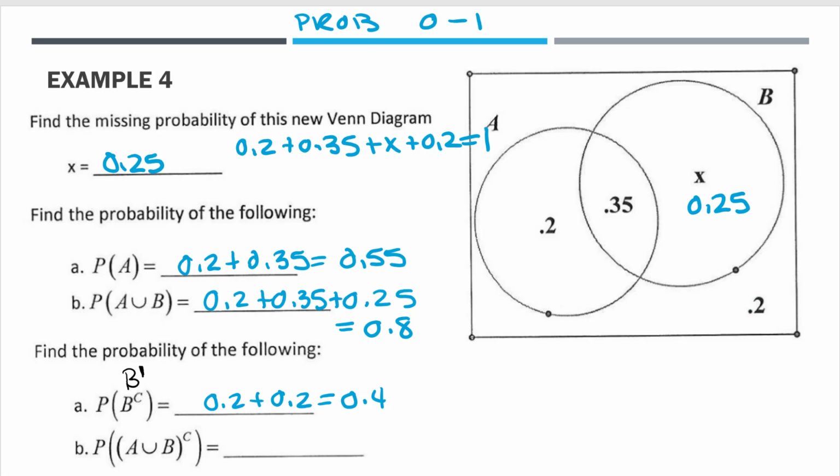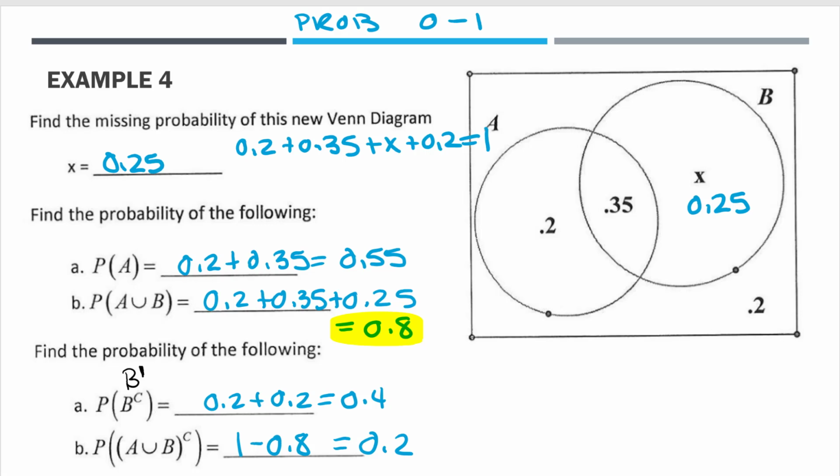And the last one says the complement of A or B. Well, we already found A or B to be 0.8. So we can actually take that and subtract it from a total of 1 to get 0.2.